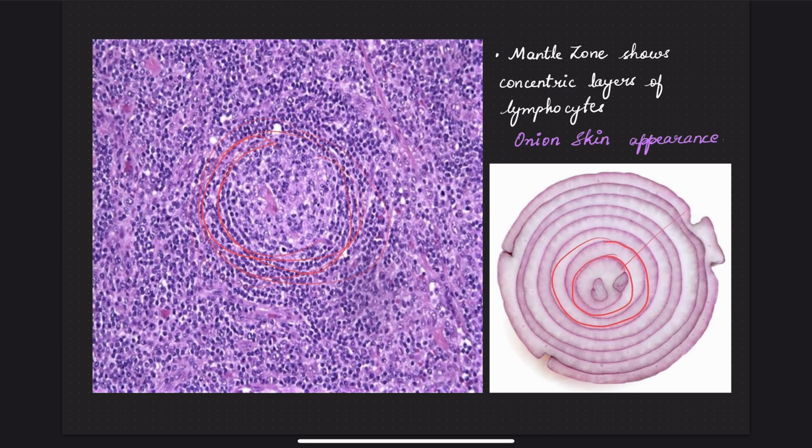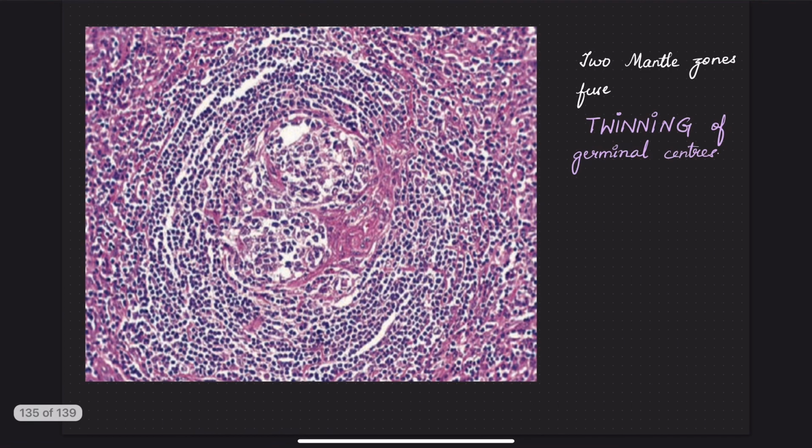Concentric arrangement of lymphocytes in the mantle zone gives you an onion skin appearance. And also, two follicles can fuse. The mantle zones fuse, and the germinal centers give an appearance of twinning, the twin germinal centers. This is also characteristic of this hyaline vascular type of Castleman disease.